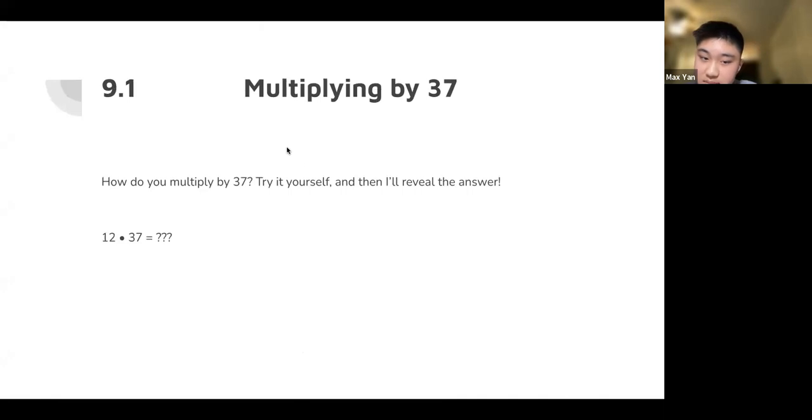Now let's multiply by 37. So try to do this one. If you know the trick, go ahead and use it. If you don't, use the first method we talked about. And remember, if you're new, because you just joined, we're doing numbers since it's all mental math.